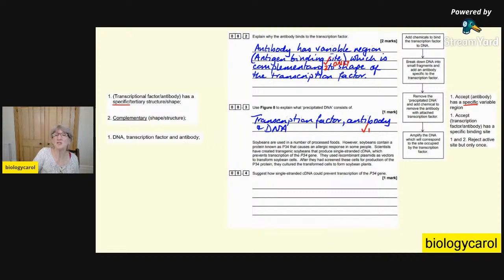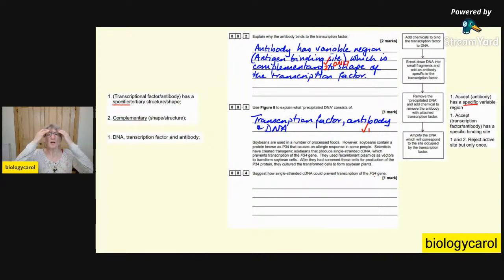Can I just say, all of the questions are based on research. They are true, they don't make the questions up. They use proper science. They used recombinant plasmids as vectors to transform the cells. After they had screened these cells for production of the P34 protein, they cultured them. Right, okay. Suggest how single-stranded cDNA could prevent the transcription of the P34 gene.